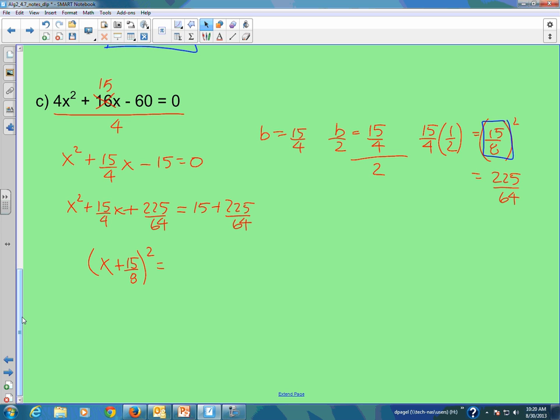So 64 times 15, 960. So I'm changing this to become a denominator that has a 64 in it. So this is some good fraction practice. And then 960 and 225 becomes 1185.